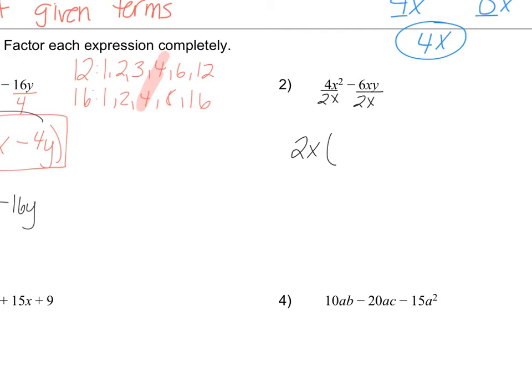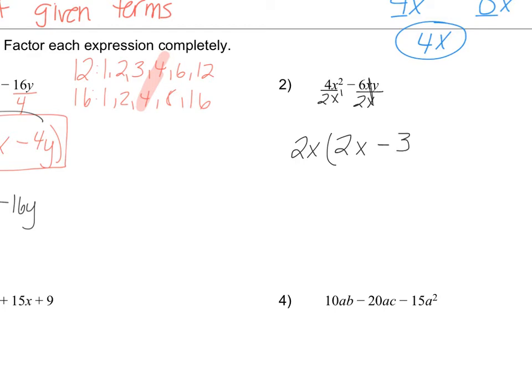Well, what's 4 divided by 2? That's just 2. X squared divided by x, remember our exponent rules. X is the same as x to the first power. So if I subtract my exponents, because I'm dividing, what's 2 minus 1? That's just 1, so we just have x there. For my next expression, 6 divided by 2 is 3.